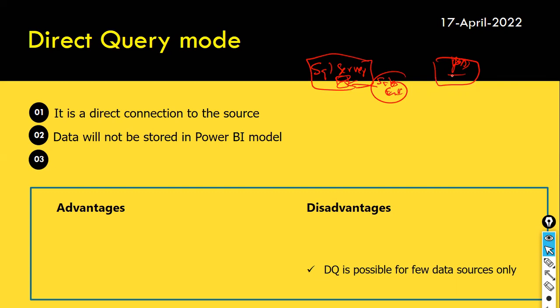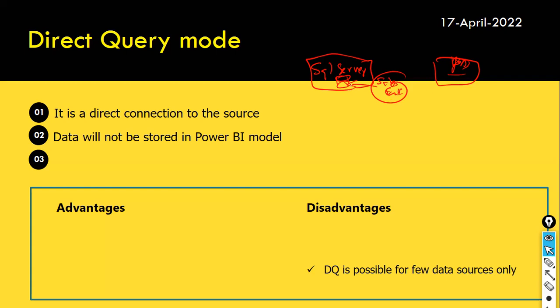For example, in the report visual, let's say you have a column chart or a stacked bar chart. If you want to plot two axes, x-axis and y-axis columns, what you need to do is just connect in direct connectivity mode and drag and drop the two columns for the two axes. What will happen is a query will be generated.